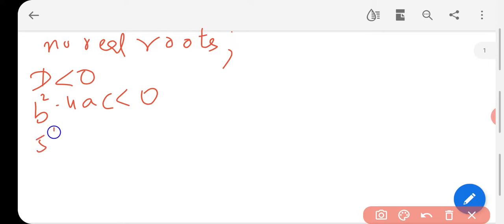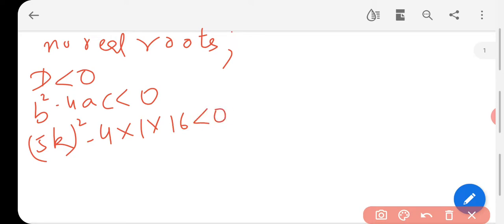The value of b is 5k to the whole square minus 4. The value of a is 1, into the value of c, 16, lesser than 0. 5 square is 25, k square, minus 4 into 16 is 64, which is lesser than 0.